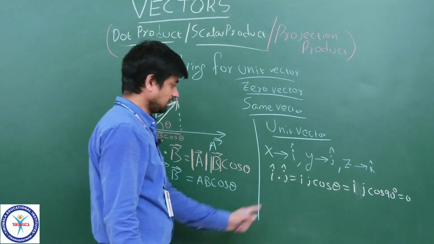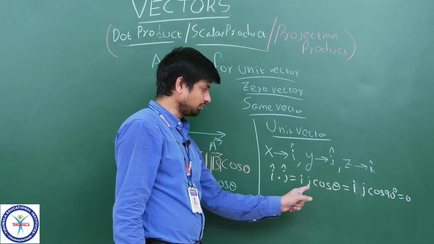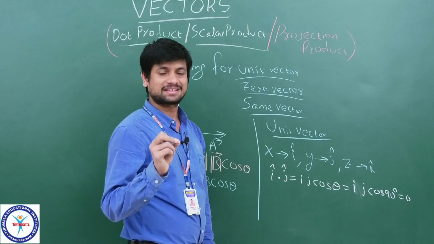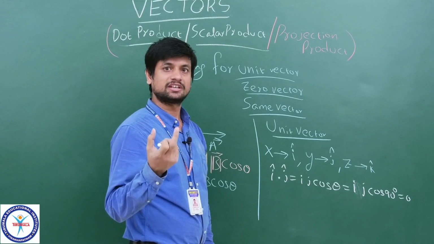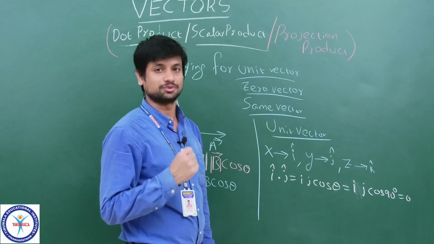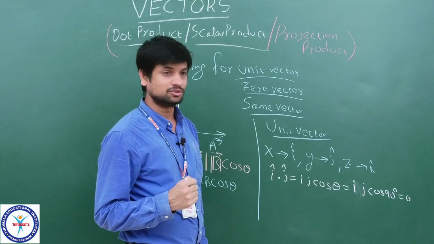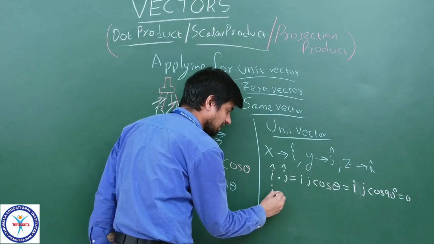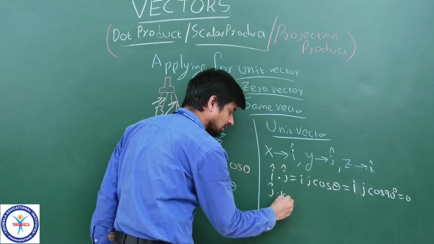See here, the angle between the x axis and y axis is 90, so for these unit vectors the angle between them is 90, cos 90 value is 0. That is why 0.